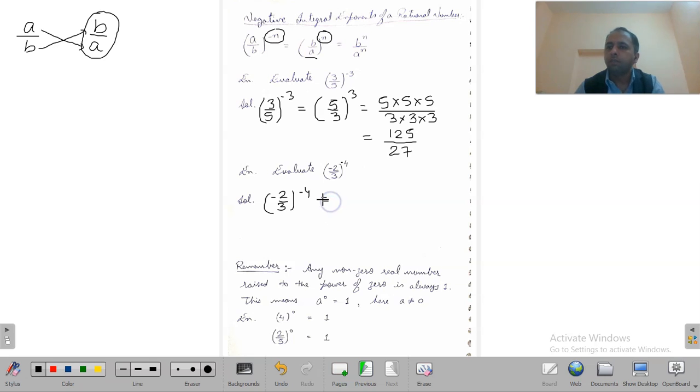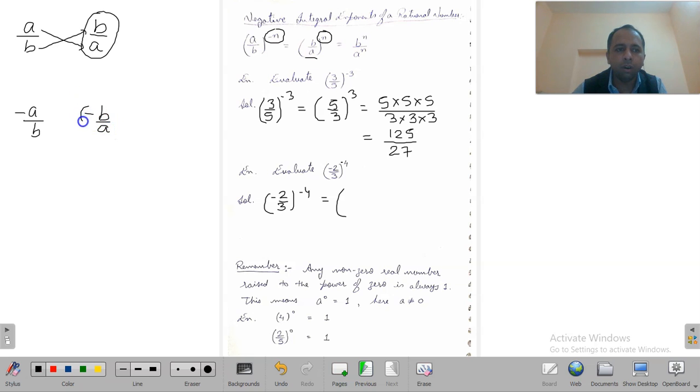First of all we will make the exponent value positive. How? We will take the reciprocal. Now we have understood in case of rational numbers that minus a upon b, if you take the reciprocal, will be minus b upon a.